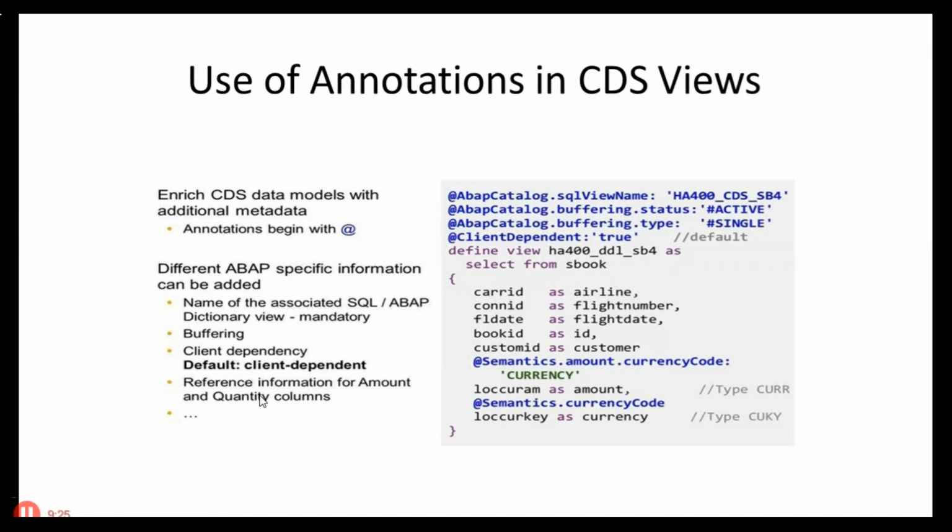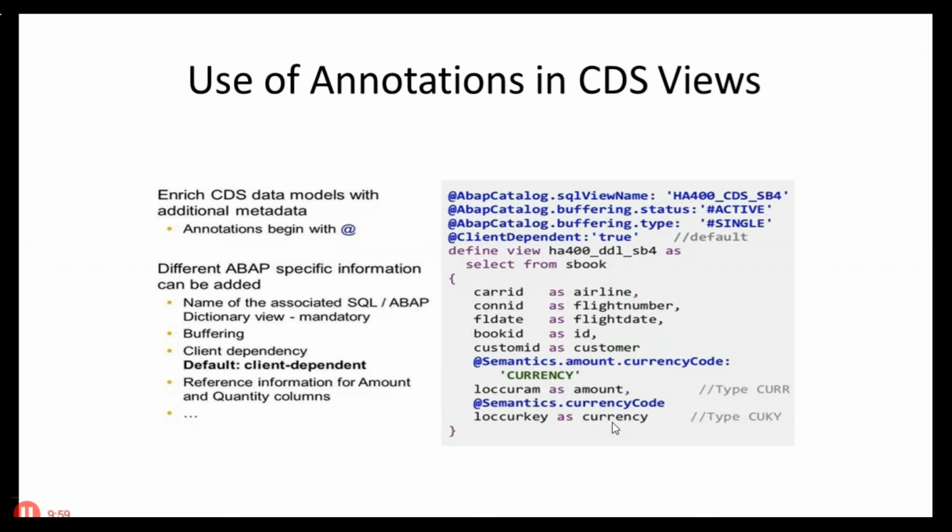Then reference information for amount and quantity columns. What we have here is semantics amount currency code, and then semantics currency code. As we all know, if you have an amount, the currency is mandatory. So we have local currency and local amount. What we are doing is telling the system that for the amount, the currency code is this field, and we have defined it here.